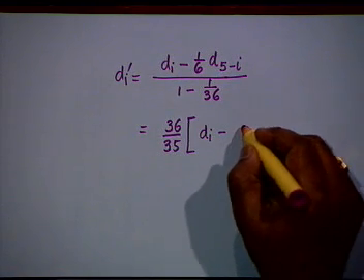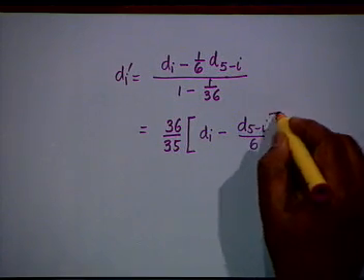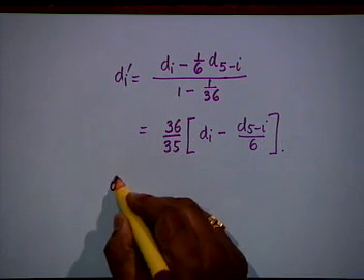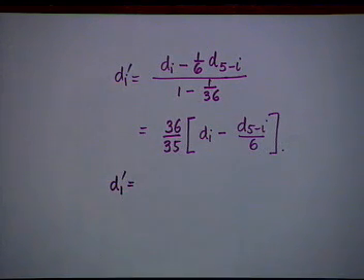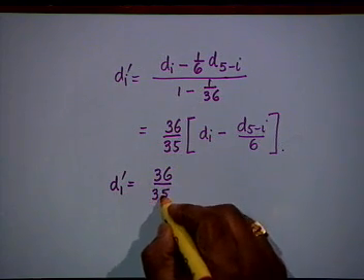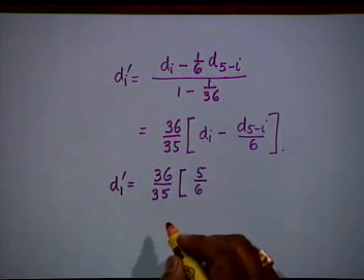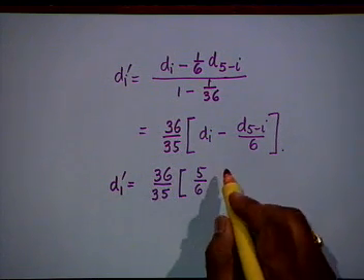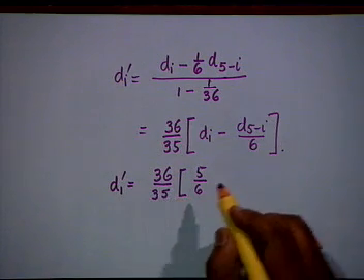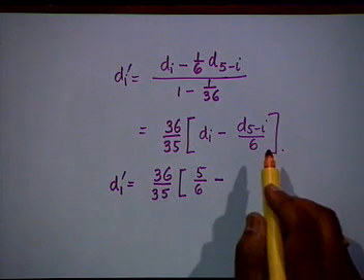di minus d5 minus i divided by 6. Suppose I want to find out d1 prime, then 36 by 35. What is d1? 5 by 6, right? d1 is 5 by 6 minus d4.